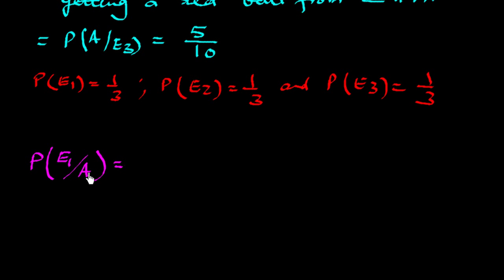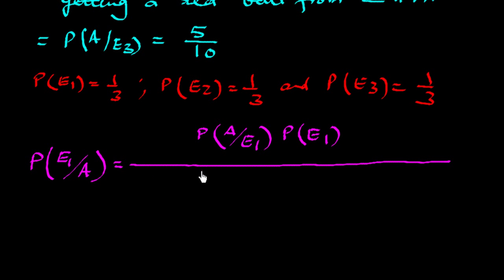So by the Bayes theorem, we write here P of A over E1 into probability of E1. In the denominator, we write all the conditional probabilities' intersections.